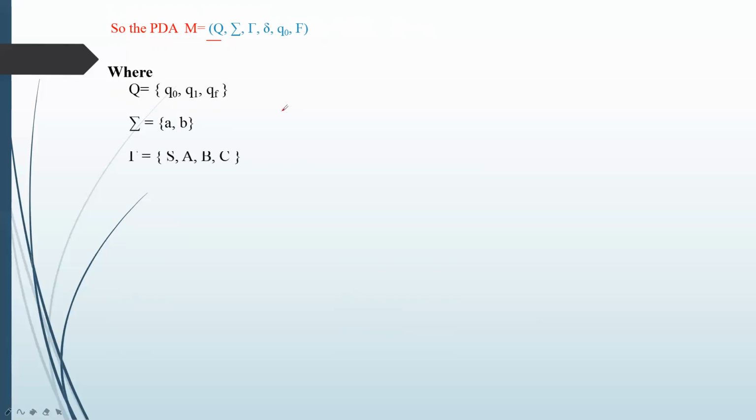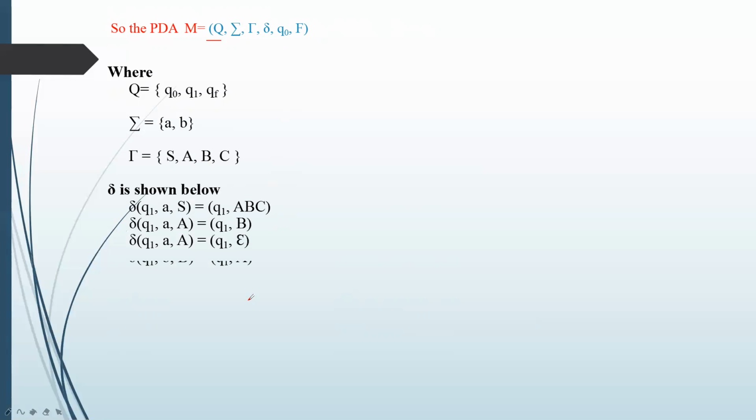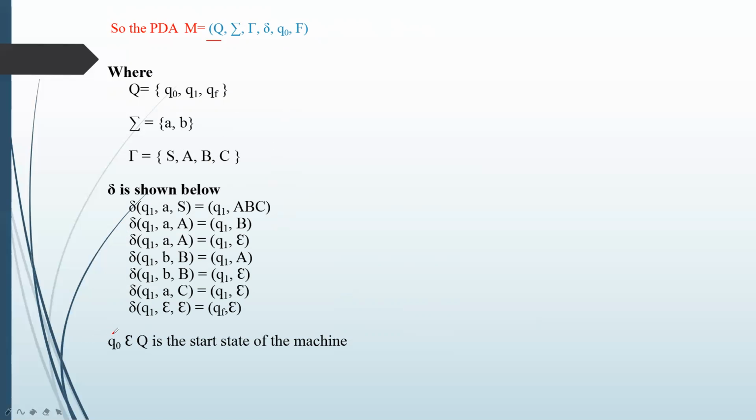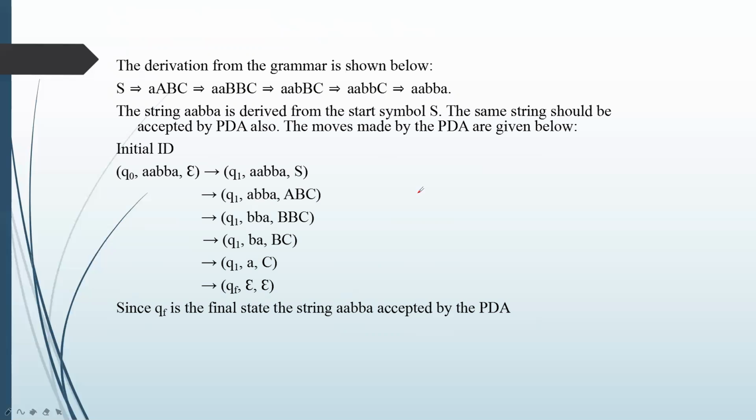Input alphabets are a, b. Tau, what all we are pushing into the stack: S, A, B, C. Delta, write all the transition functions from the previous step. Q0 is the start state, and QF is the final state.